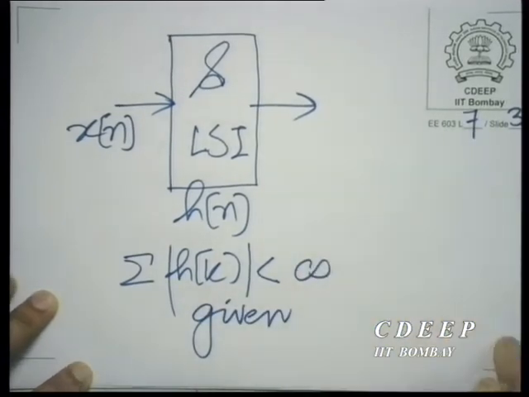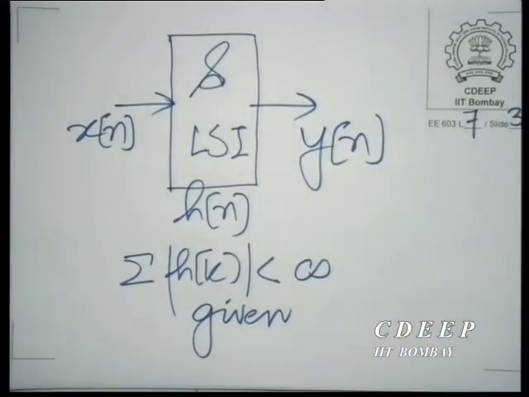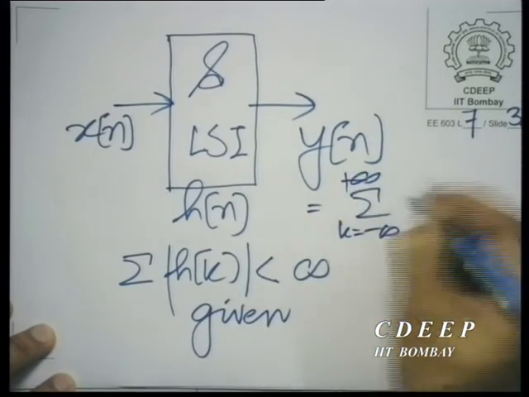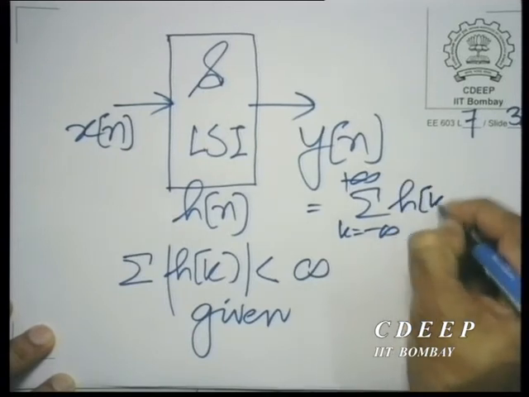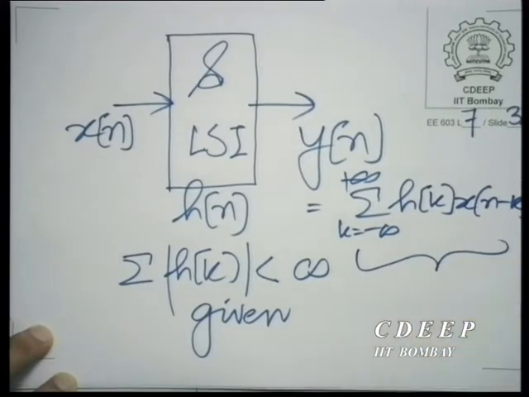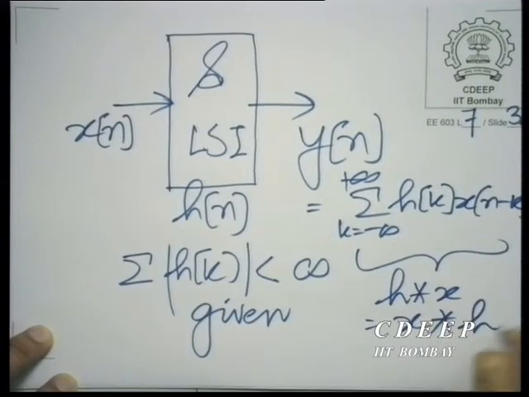Of course, we know what y[n] is. y[n] is the summation over k from minus to plus infinity of x[k] h[n minus k], but now you will agree with me that I can also write this as h[k] x[n minus k], because convolution is commutative. So, let us take the modulus of y[n].